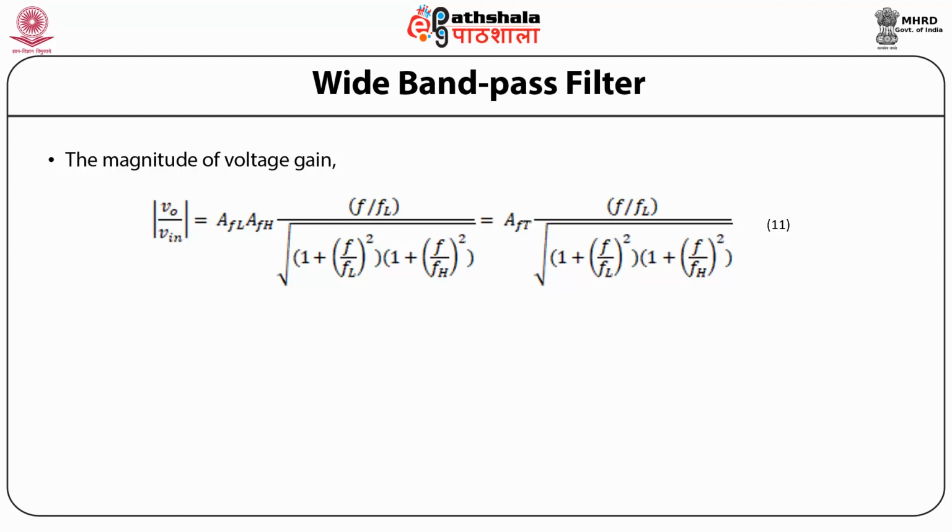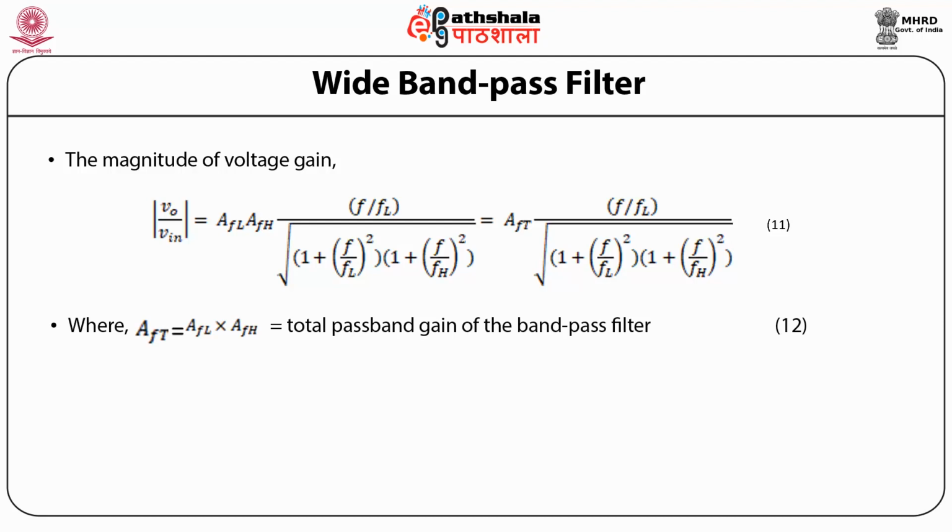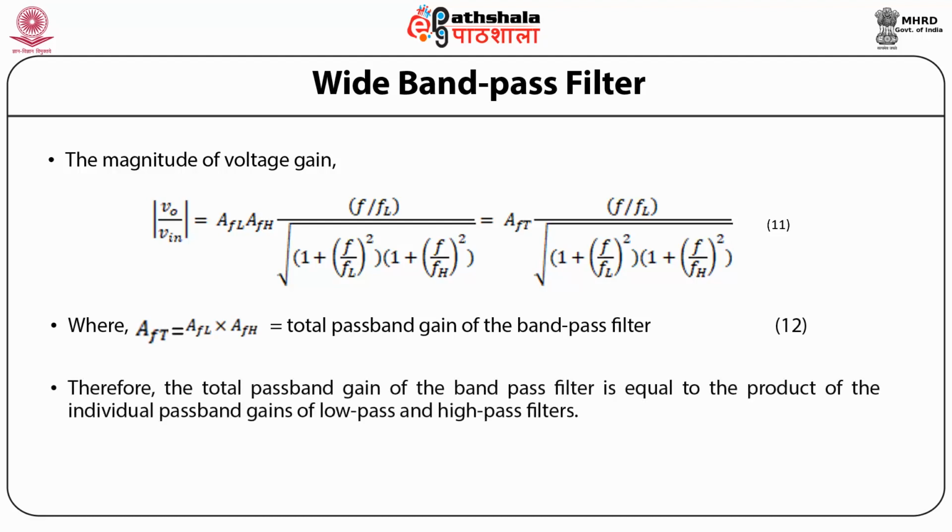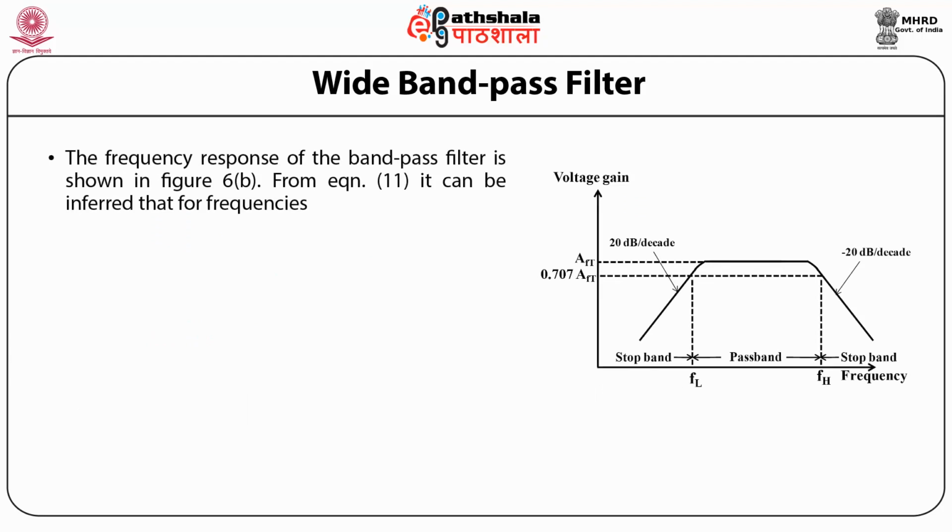So the magnitude can be simplified to be equal to AFT into f by fL divided by square root of 1 plus f by fL whole square into 1 plus f by fH whole square, where AFT is equal to AFL into AFH is the total passband gain of the bandpass filter. Therefore, the total passband gain of the bandpass filter is equal to the product of individual passband gains of low-pass and high-pass filters. The frequency response of the bandpass filter is shown in the figure.